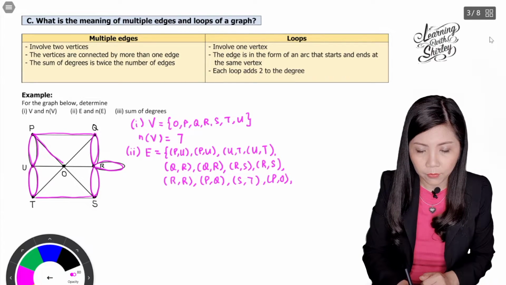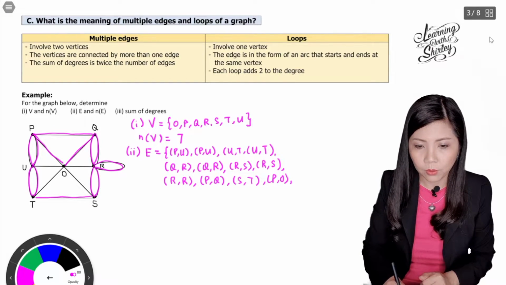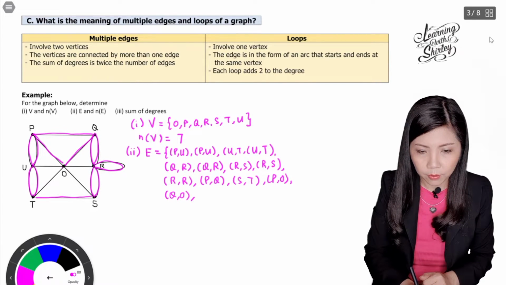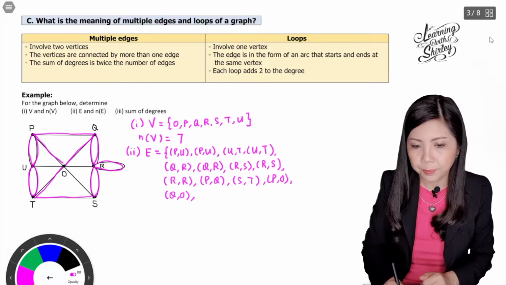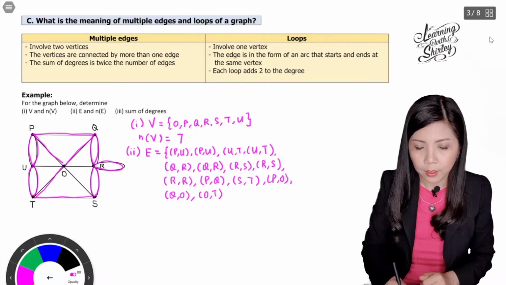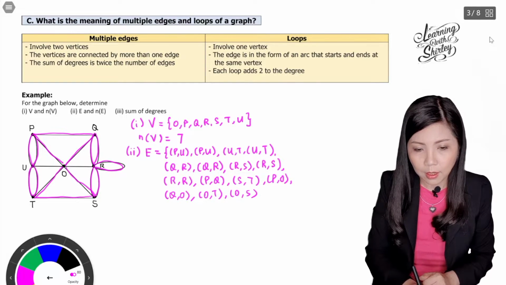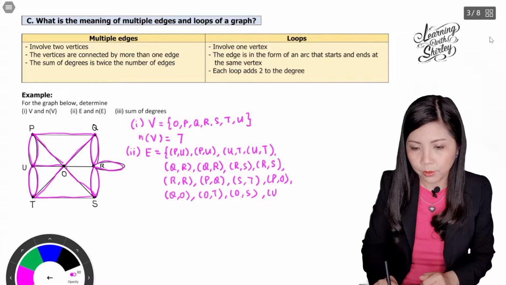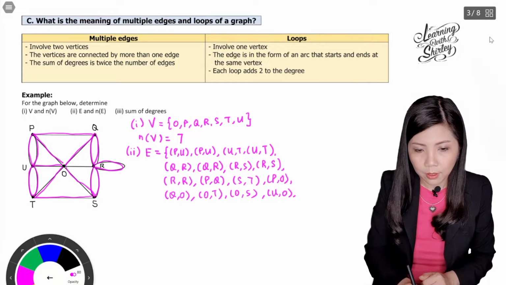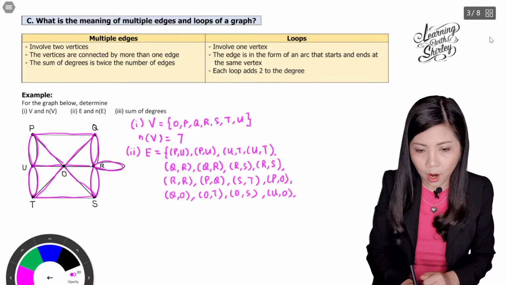And then we have QO. And we have OT. And we have OS. Then we have UO. And then we have OR.